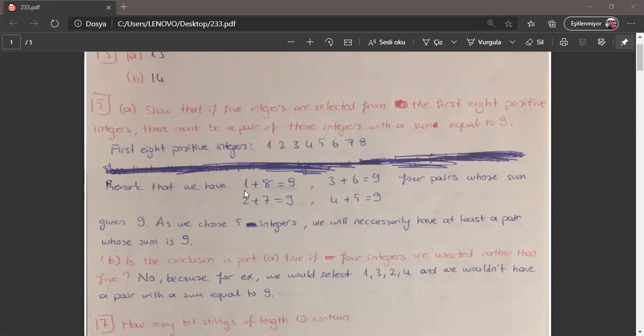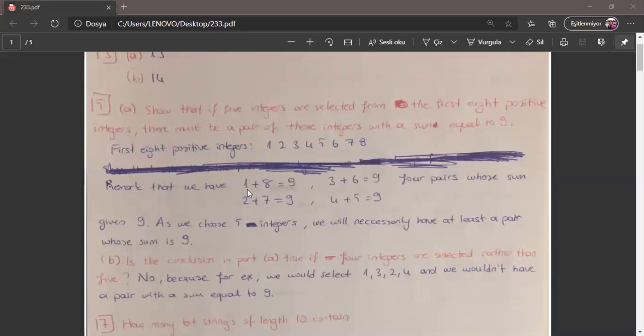Now remark that we have these pairs whose sum is 9, okay? We have these 4 pairs. As we want to select 5 of them, and as there are already 4 pairs, this 5th one will give us one of the remaining pairs, okay?